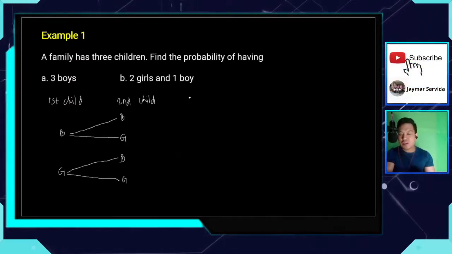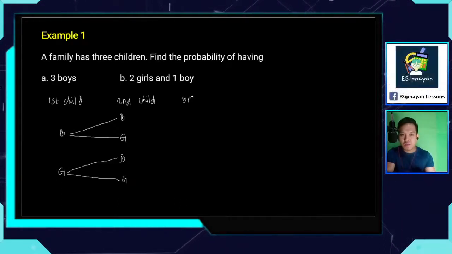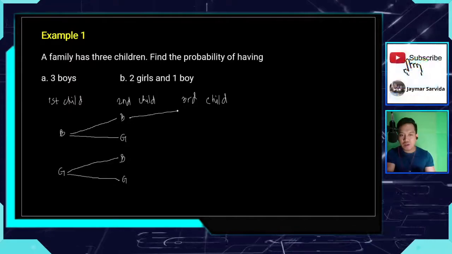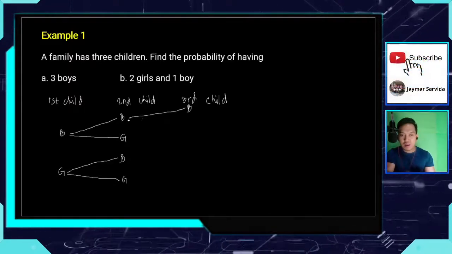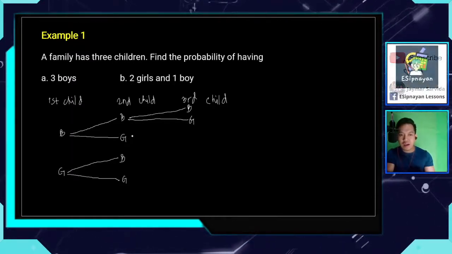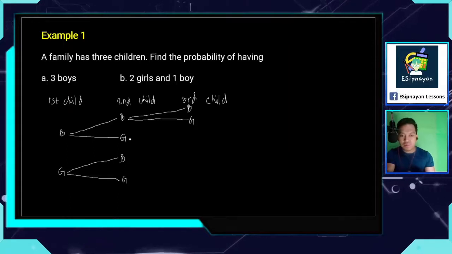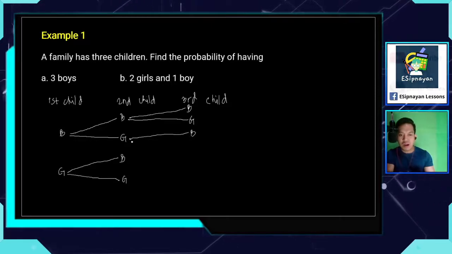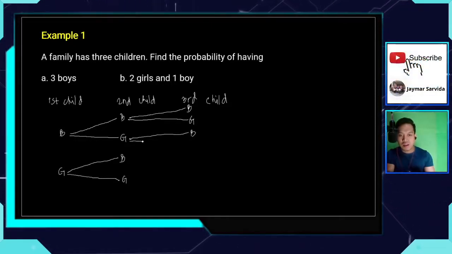Ayan. Then, sa third child naman natin, pwede siyang boy, tatlong boy na, or dalawang boy, isang girl. Right? Then, pwede ring boy, girl, boy. Or, pwede rin siyang boy, girl, girl. Okay, then next naman dito, girl, boy.